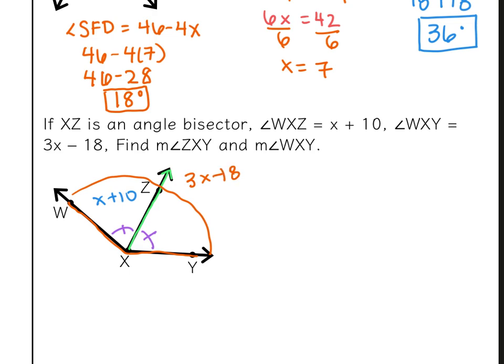So on this one, we can tell that we're given one of the parts and we're given the whole thing. So when we're given one of the parts and the whole thing, we multiply the part by 2, and then we set it equal to the whole angle.